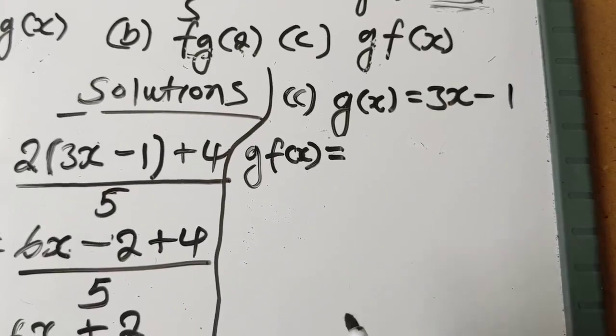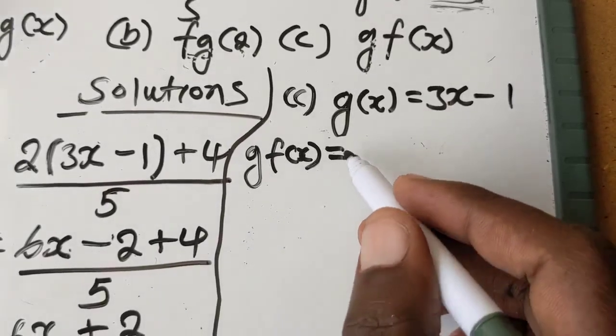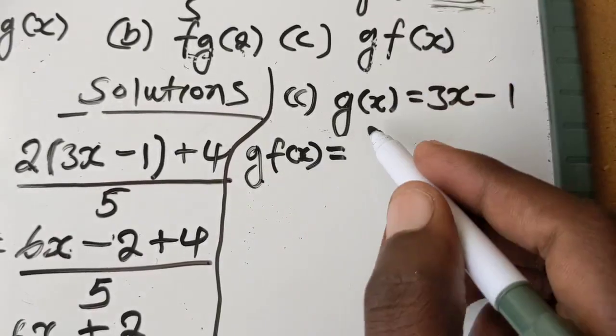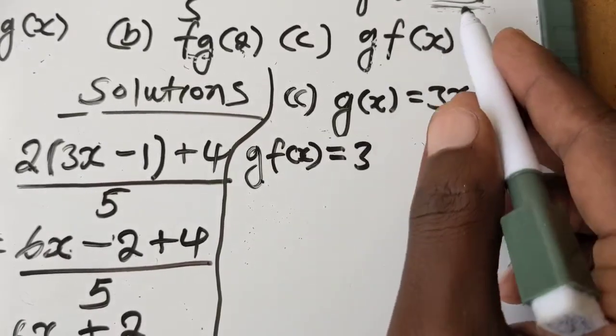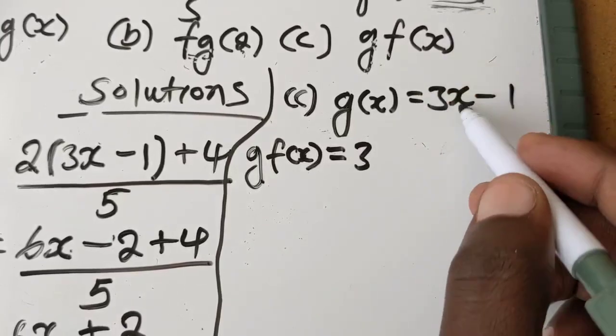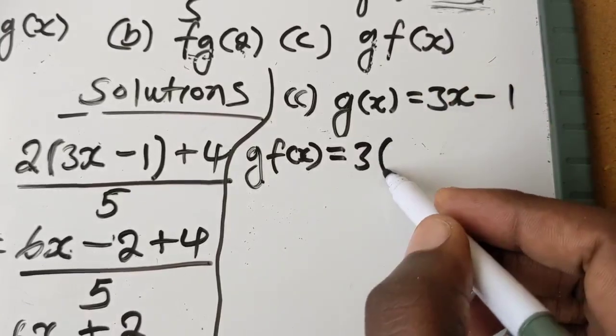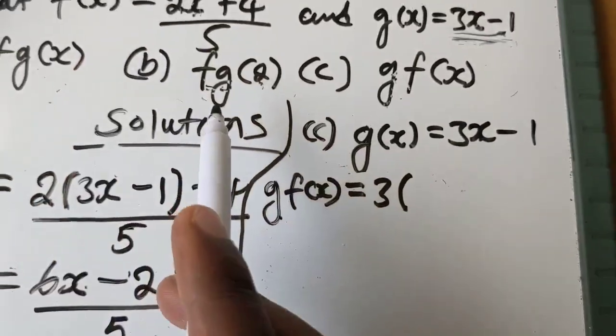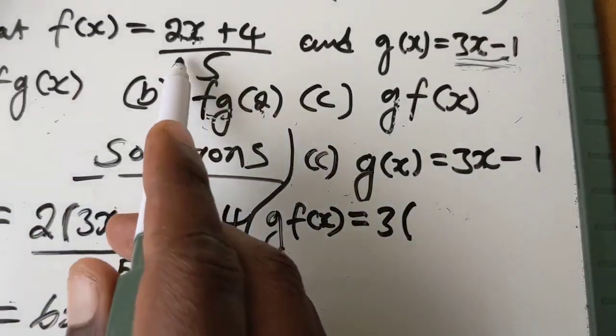so now you get the function of g. The function of g is 3, but where there is x, replace x with the function of f of x. That is what they mean.